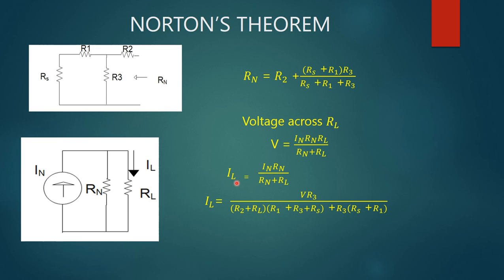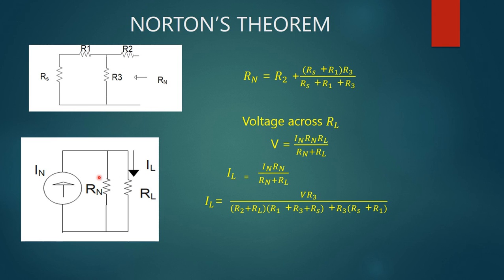Thus the load current IL is equal to V divided by RL, which is equal to IN Rn by Rn plus RL. Substituting the values of IN and Rn, we find IL is equal to V R3 whole divided by R2 plus RL into R1 plus R3 plus Rs plus R3 into Rs plus R1.